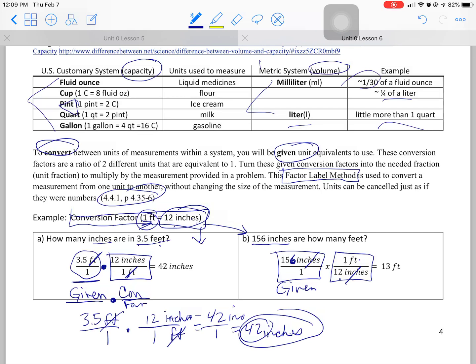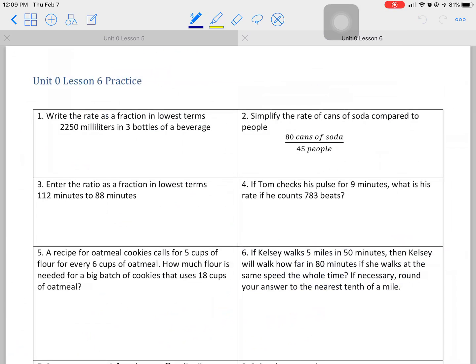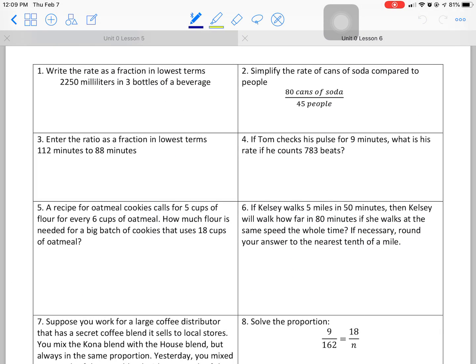I multiply across the top and get 156, and I multiply across the bottom and I get 12, and I'll check in my calculator. 156 divided by 12 is 13 feet. So it depends on how the units are given as to which way the one conversion factor is going to go.